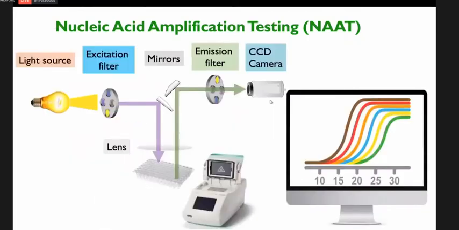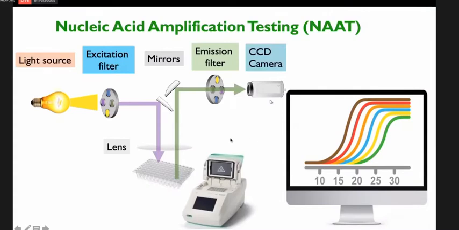For the measurement of the fluorescence signal, the filtered light from the lamp is reflected off the mirror and passes through the condensing lens, which is focused on the center of each well, and the fluorescent light emitted from the well is reflected off the mirror, passes through the emission filter, and is detected by the CCD camera.